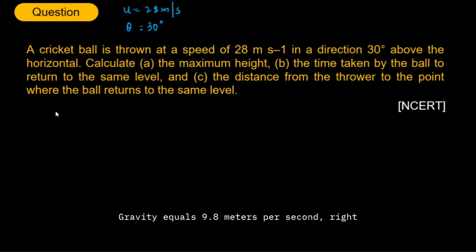Gravity equals 9.8 meters per second squared, right? Yeah, take it as 9.8 only.